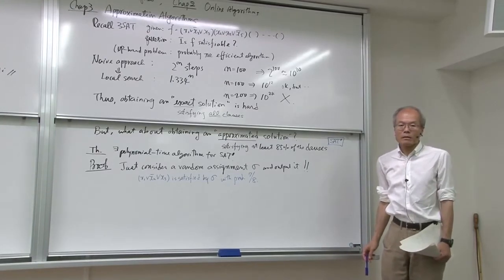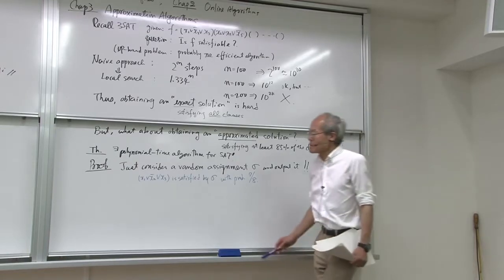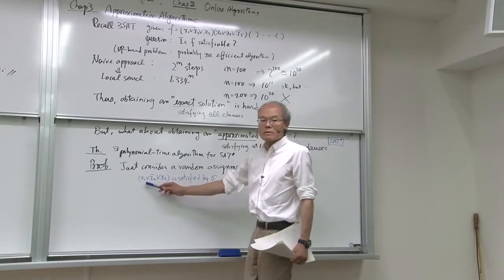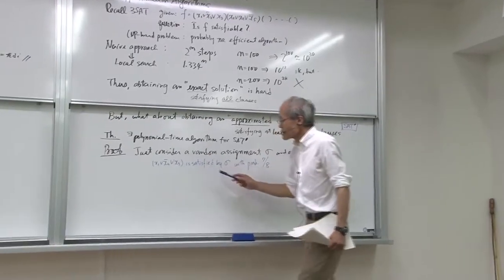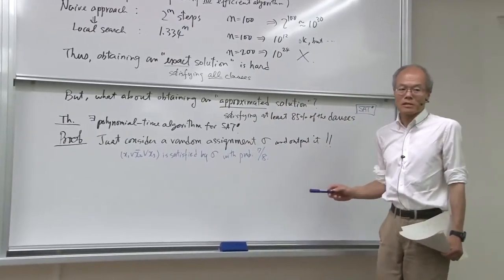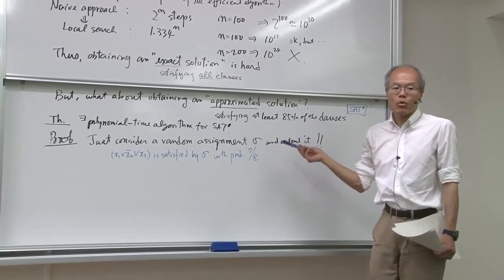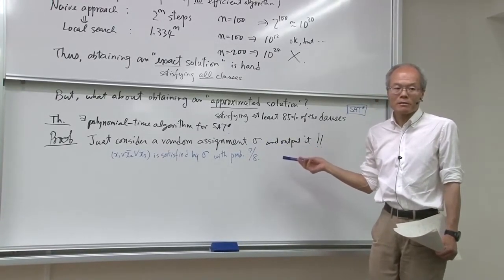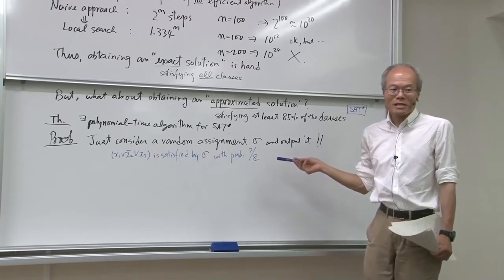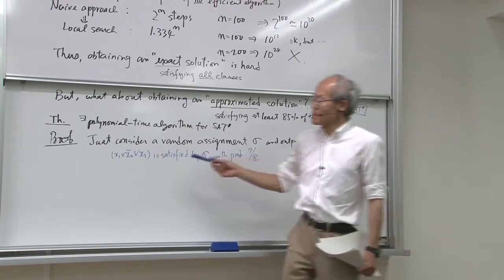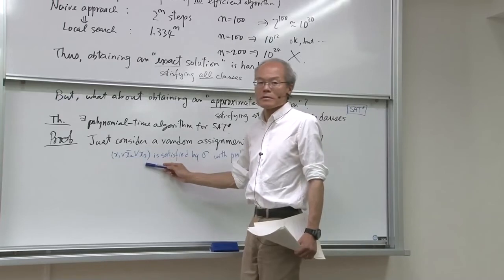Why? Because this clause is not satisfied by sigma with probability 1/8. Because not satisfied means false, false, false.